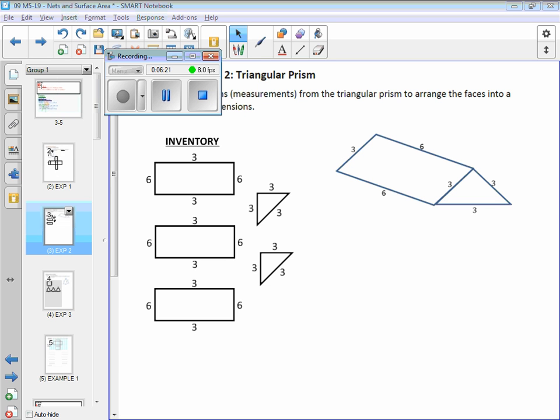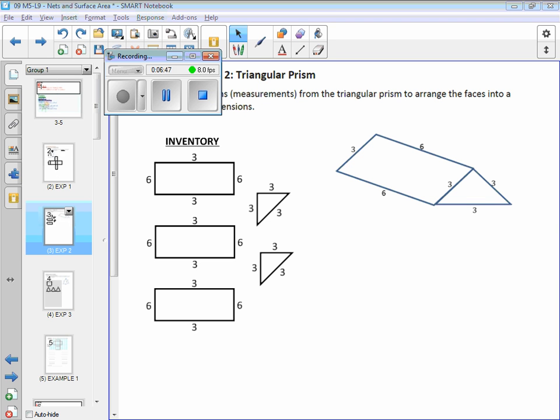I have 3 rectangles that are all measuring 3 by 6, so that's one unique shape, and 2 triangles that are probably right triangles, even though they don't stipulate that. Oh, I'll fix that.